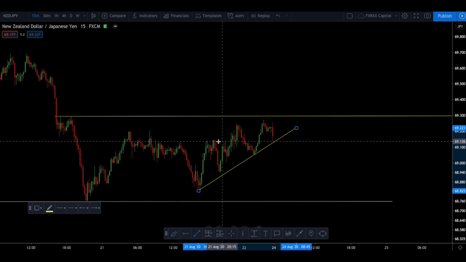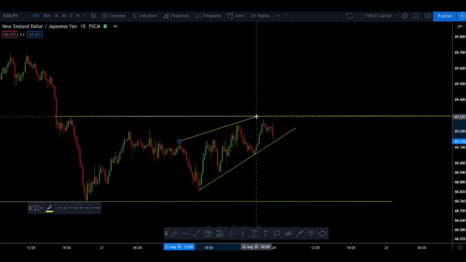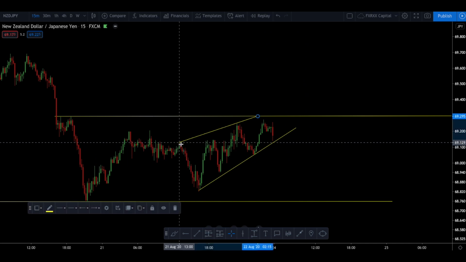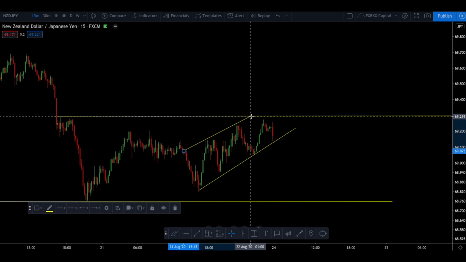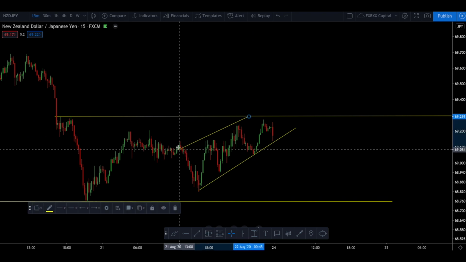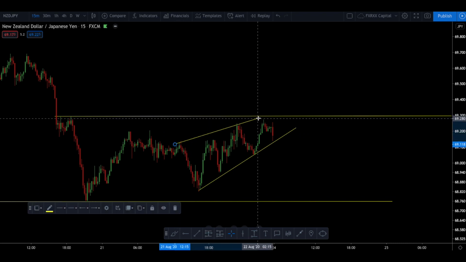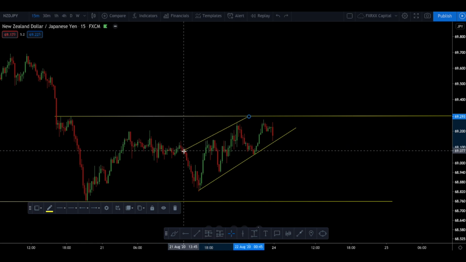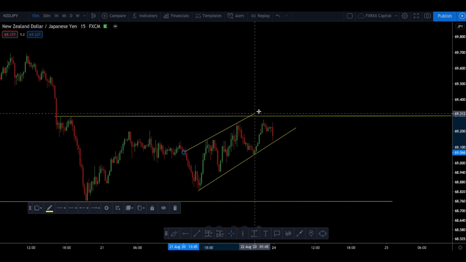Price already created one small ascending channel, which indicates, it doesn't matter if you want to draw something like this or something like this. It's based on your experience or ability. However, if we draw something like this, it's quite a clean structure.